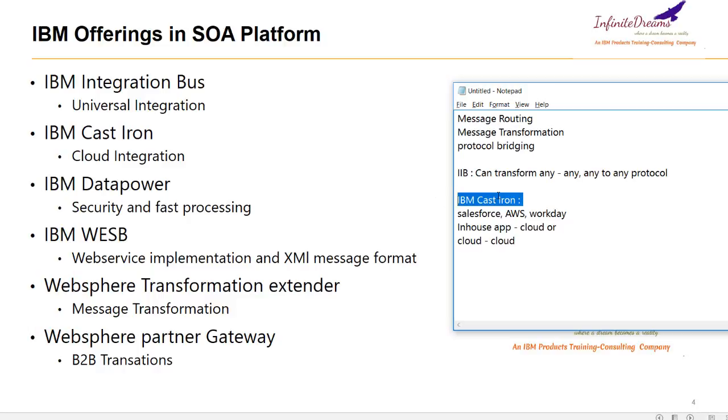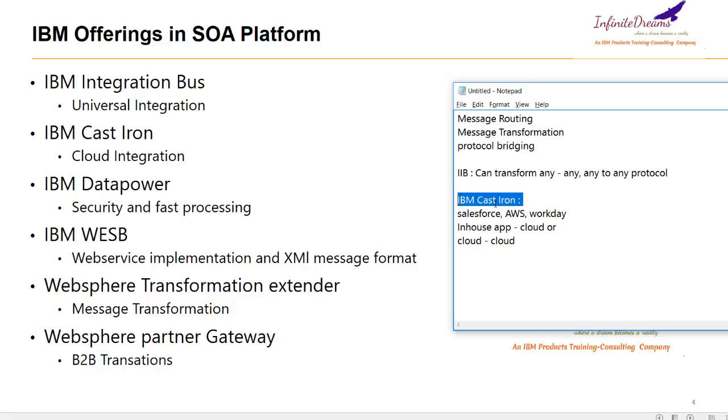Here one question arises: can't we do such an implementation in IIB? My answer will be yes. Whatever you are achieving in IBM Cast Iron, you can do in IIB, but the licensing fee of IIB is more than IBM Cast Iron.